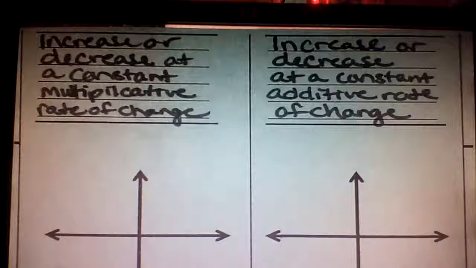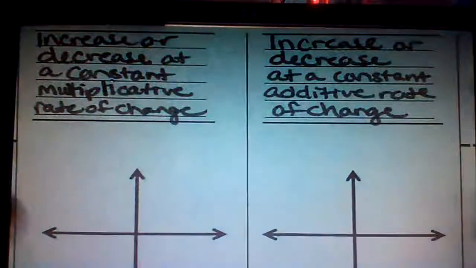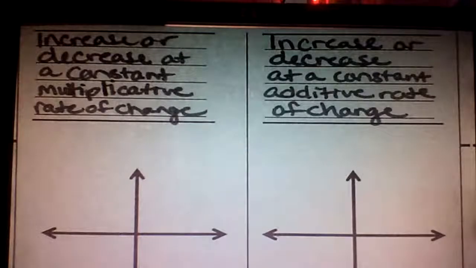Yes, there should be an I between the L and the C. Multiplicative. L-I. There we go. You're fine. No, I already spelled it right. Oh, did you? Yeah. Multiplicative.